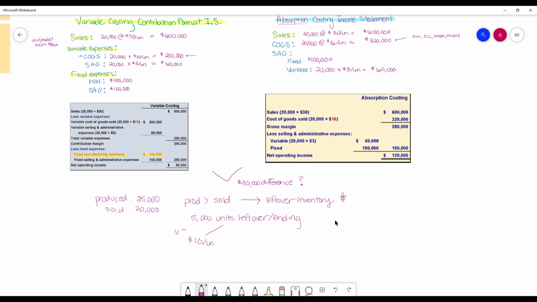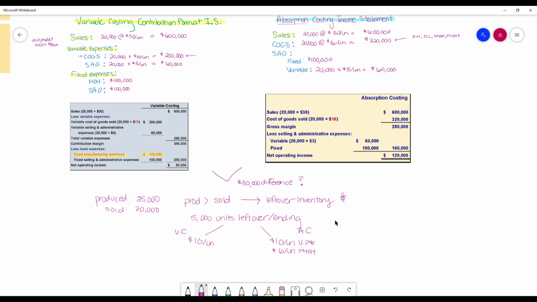This is for variable costing, and it's the case for absorption costing. But it doesn't stop there for absorption costing. Those 5,000 units left over in ending inventory under absorption costing, not only do they each have $10 attached to them of variable production costs, but they each also have $6 attached to them just for fixed manufacturing overhead incurred for the period.